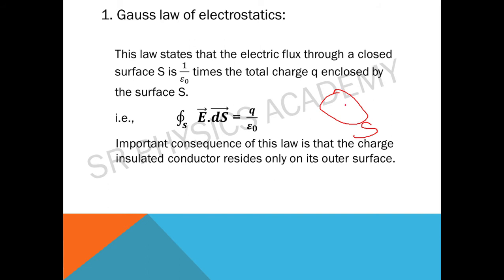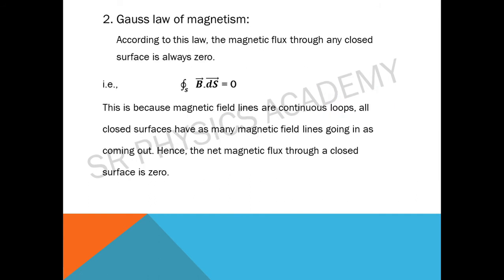Let this be a closed surface and it encloses a charge Q. Then the electric flux passing through the closed surface will always be Q by epsilon naught. The important consequence of this law is that the charged insulated conductor resides only on its outer surface.